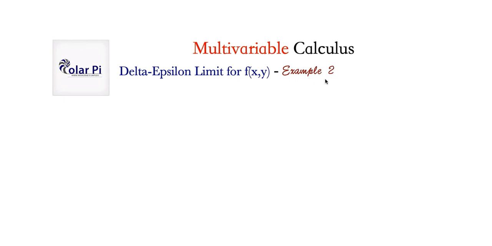In example 0, the most important example, we saw how the delta-epsilon limit definition is essentially the same in Calc 2 and in multivariable calculus or Calc 3. I say it's essentially the same because the delta-epsilon limit definition for a function of two variables, f of x comma y, as we saw in example 0, is analogous to the definition for a function of a single variable, f of x.